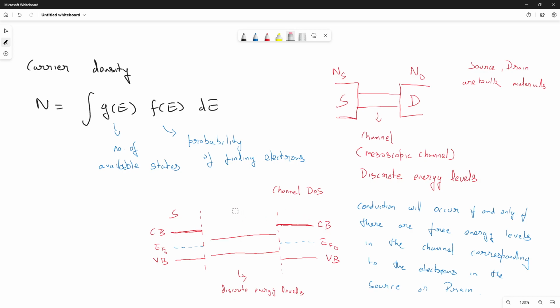Let me do this nomenclature in the bottom so that it is not interfering. Let me call this the source, the drain, and the channel.